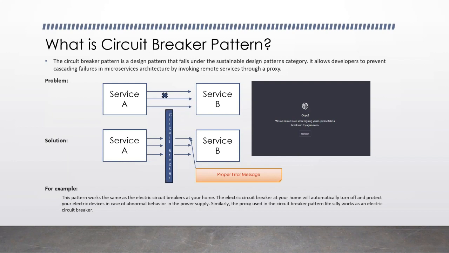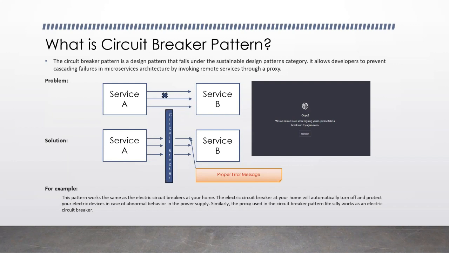So let's take one real-time example for understanding better. In all our homes, we have an electric circuit breaker, right? So what is the role of it? Whenever there is abnormal behavior in the power supply, the circuit breaker will turn off the power supply so that it will not damage the electric devices.